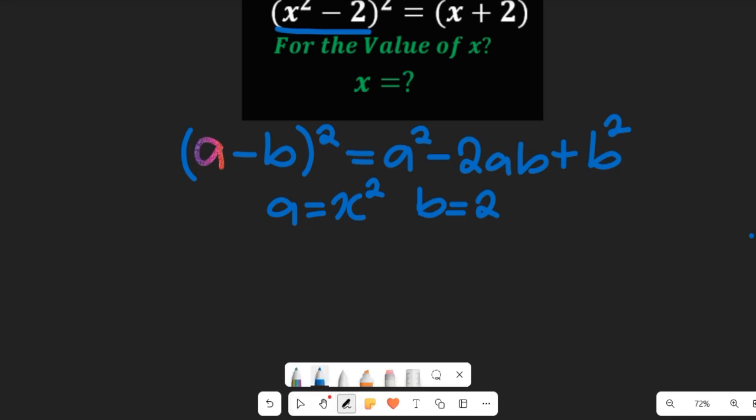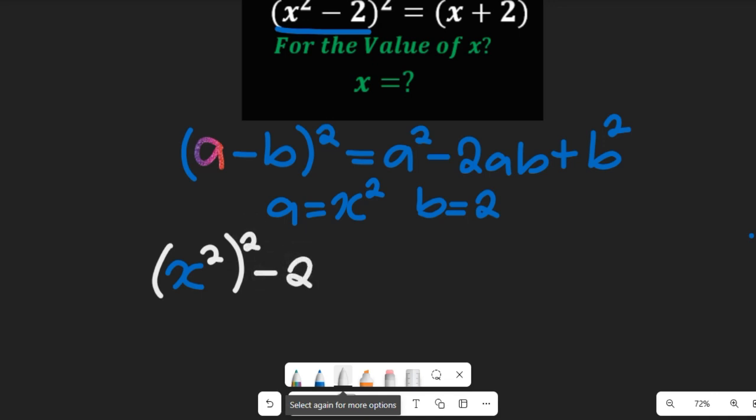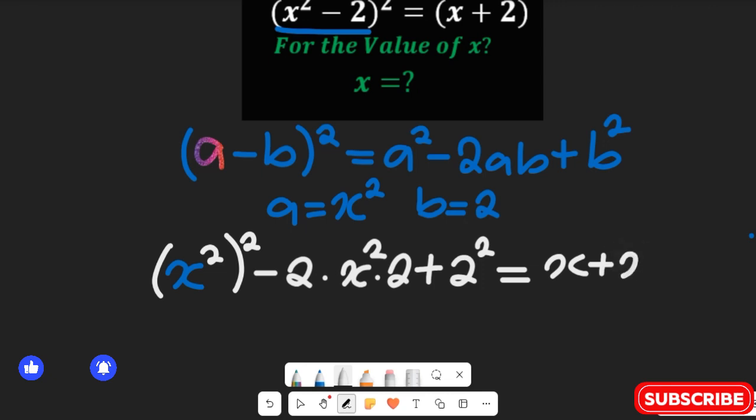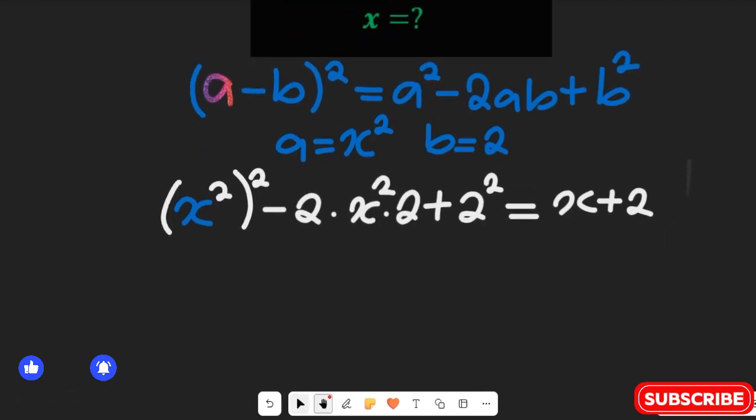If I expand that, I'm going to have x squared, all to the power of 2, minus 2 multiplied by x squared multiplied by 2, plus 2 squared, and that will be equal to x plus 2.